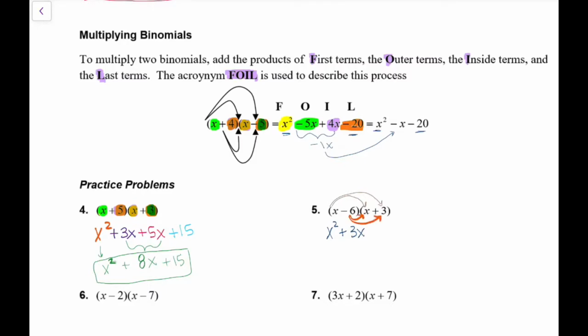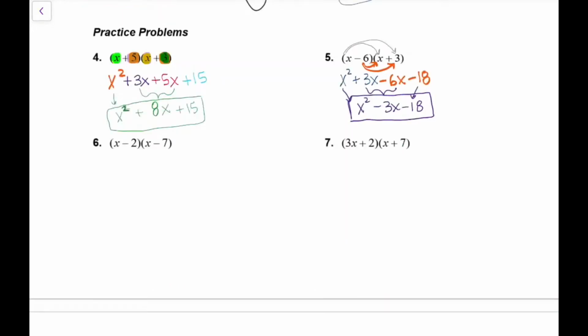Negative 6 times x gives us negative 6x, and negative 6 times 3 gives us negative 18. We combine the 3x and the negative 6x together to give us a negative 3x, and we have x squared minus 3x minus 18.